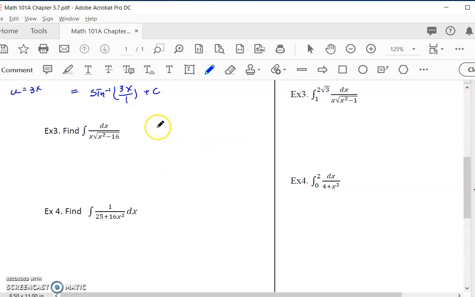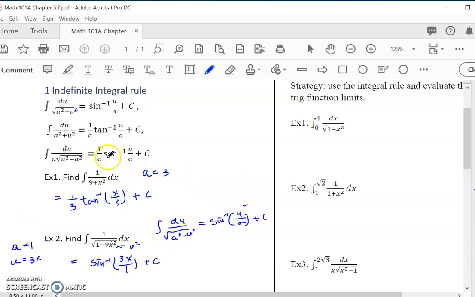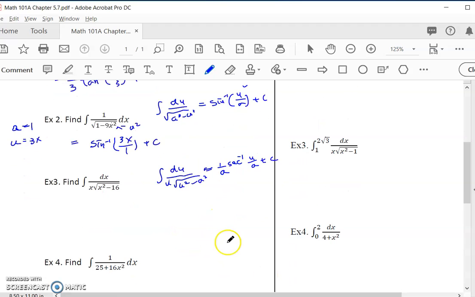The next one is x times the square root of x squared minus 16, so I think it's this one. Just copy that over: du over u times the square root of u squared minus a squared equals 1 over a arcsecant of u over a plus c. It's a matter of finding the correct form.